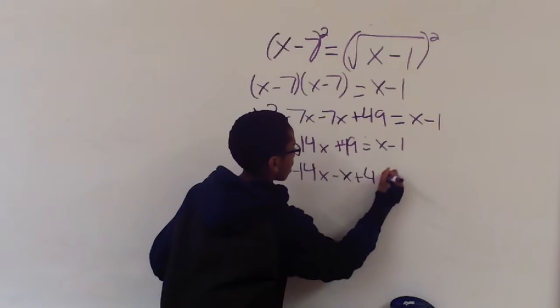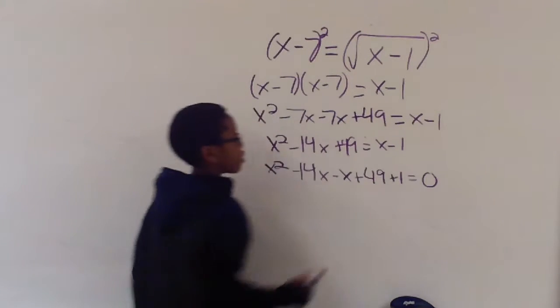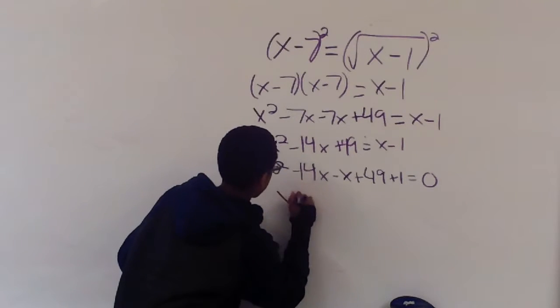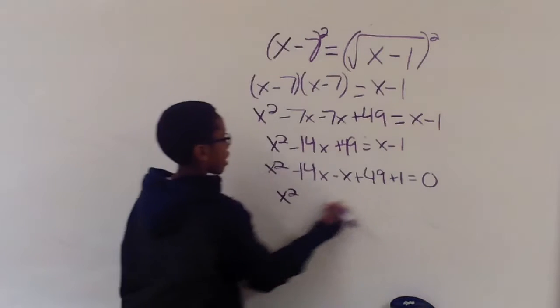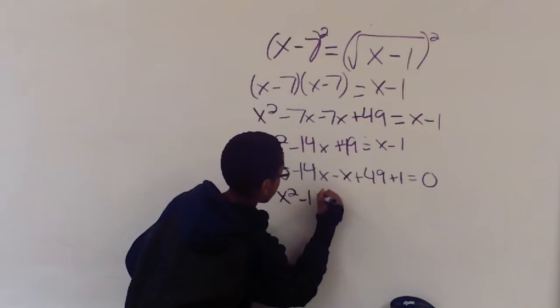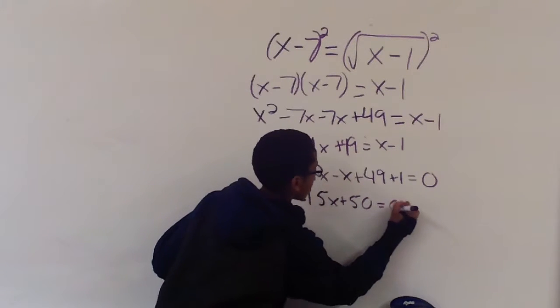Plus 49 plus 1 equals 0, because when you bring over the negative 1, it becomes a positive 1. So now you can simplify this expression into x squared minus 15x plus 50 equals 0.